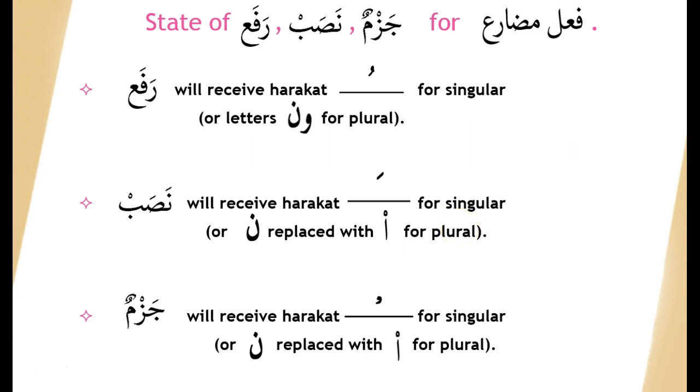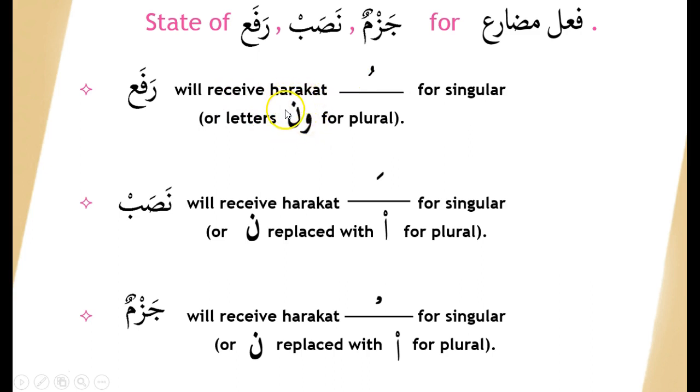Fi'l mudhari resembles the isim in that the vowel of the last letter can change, and some spellings are quite similar. For singular it takes a dhamma, and for plural there's no tanwin, definitely, only isims have tanwin, as we learned before. So for singular, fi'l mudhari will end with a dhamma, and for the plural it is waw nun.